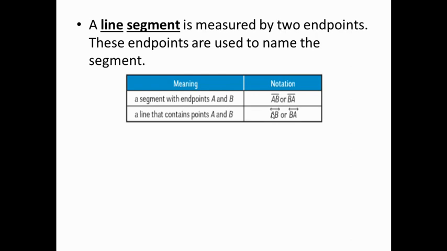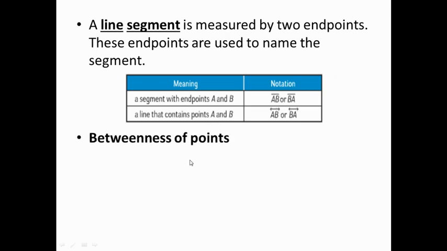That's saying it contains those points A and B. But if it doesn't have the arrows on it, then that's saying from point A to point B. Those are the endpoints of that line segment. So it's a slight difference between a line and a line segment, but it is a notable difference. You just got to pay attention to that notation, how it's written.